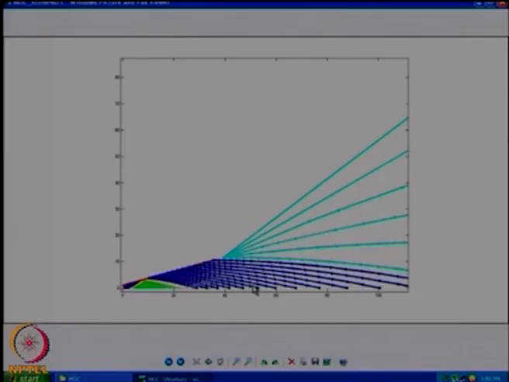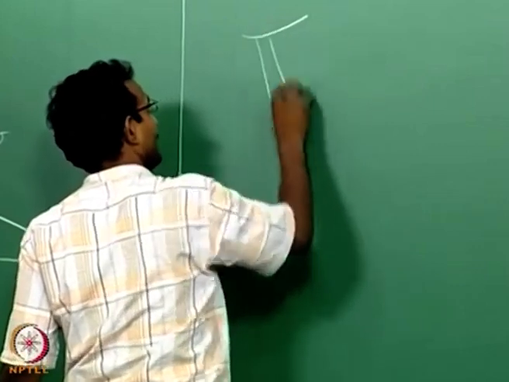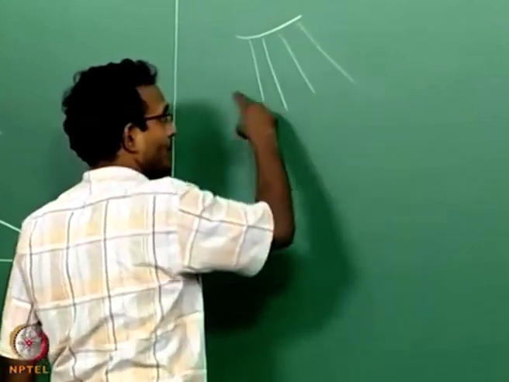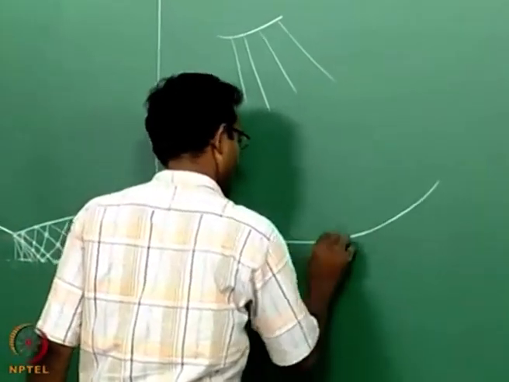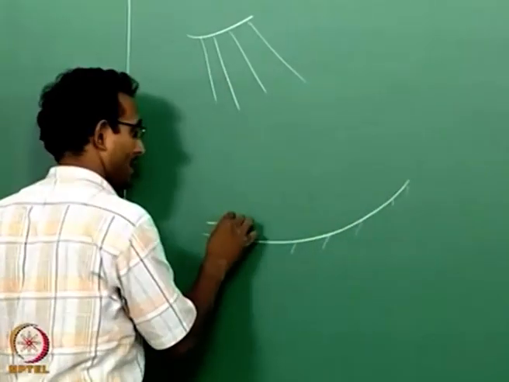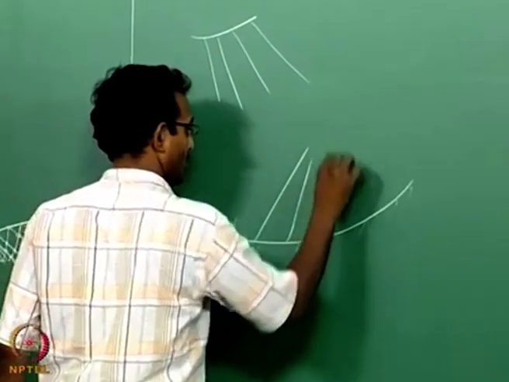We already talked about it a little bit in terms of expansion. We said if there is a wall like this, my characteristics will be going away from each other, but if I had a wall like this, my characteristics will come together towards each other.